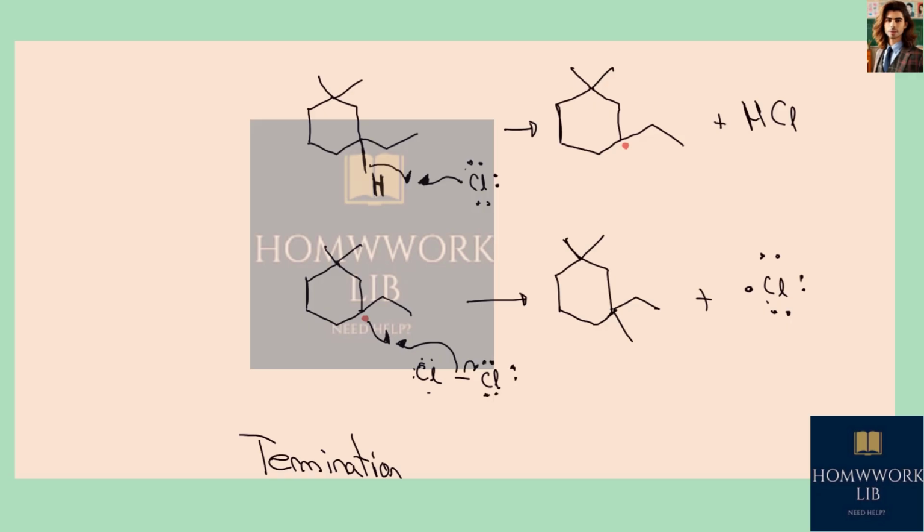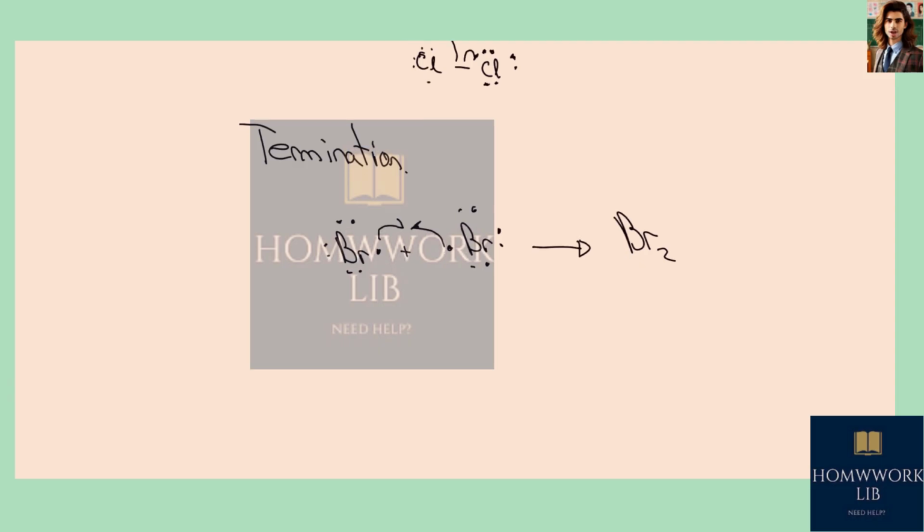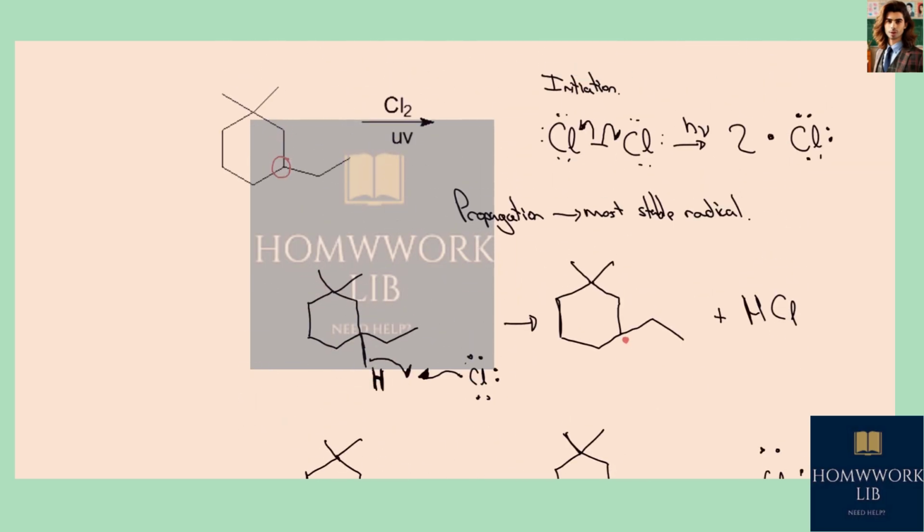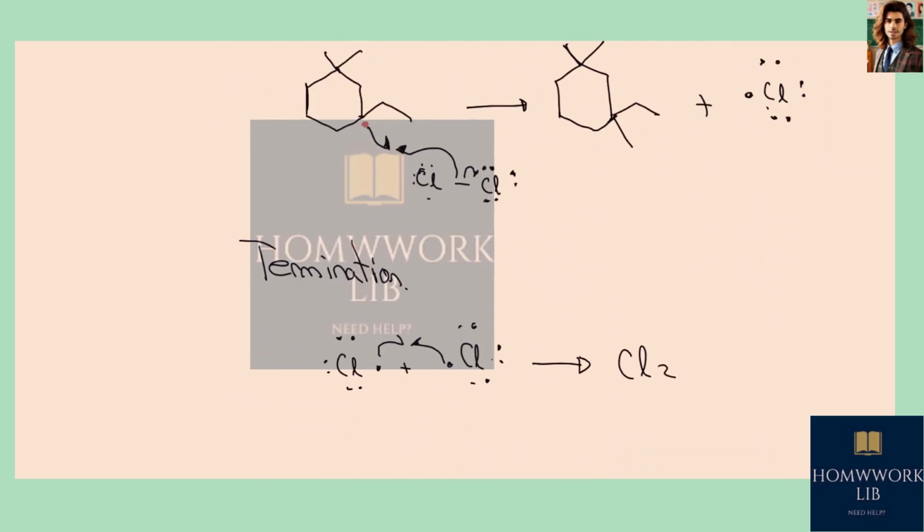Sorry, I just got used to the normal reagents. Now it is correct. The two chlorines are going to get together in order to generate Cl2. And now with that, it would be all.